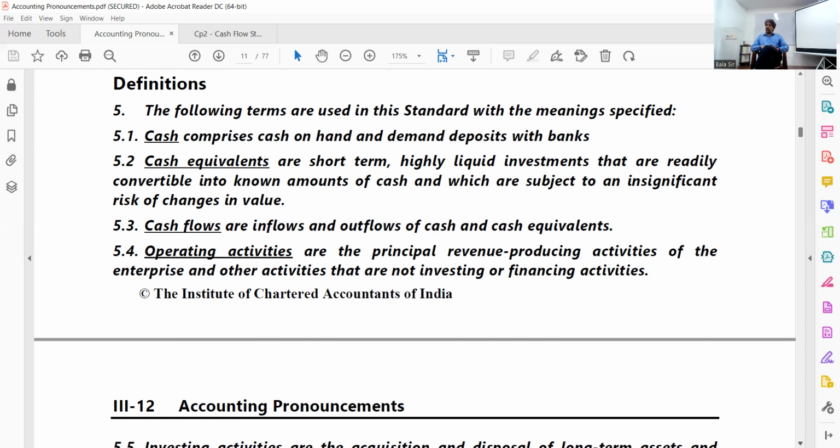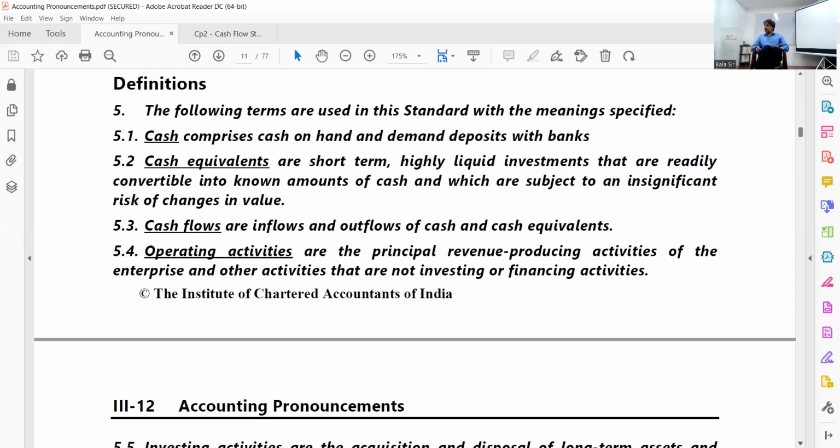Now write point D. What is that? Disposal of investments, and do write other than cash equivalents.